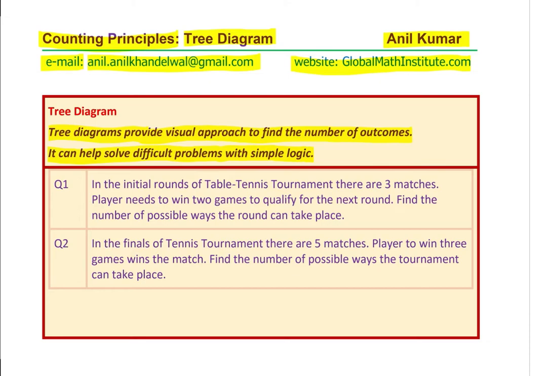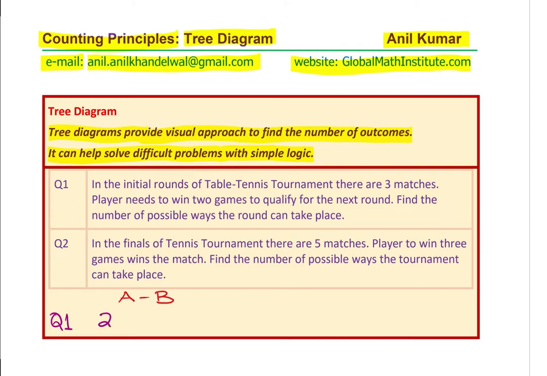Let's try to understand this question. Let us say there are 2 players, A and B, who are competing. Now, in question number 1, basically, out of 3 games, the winner has to win 2 matches, right?